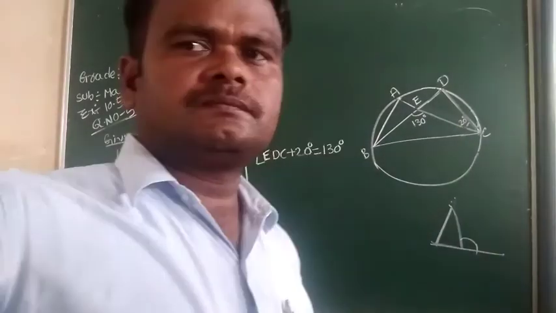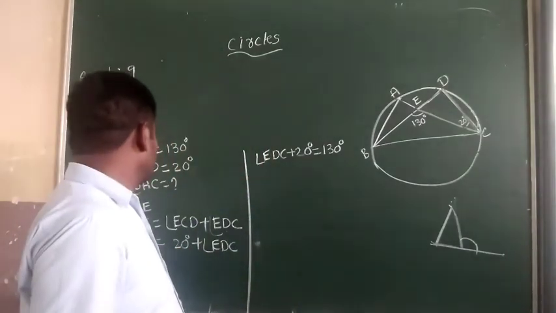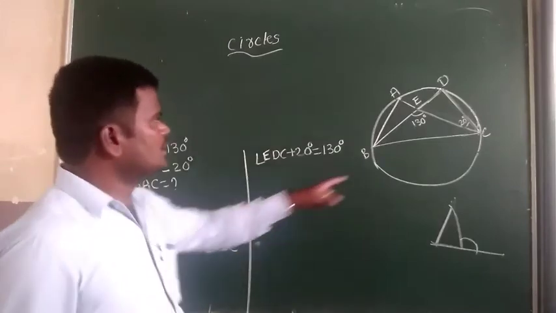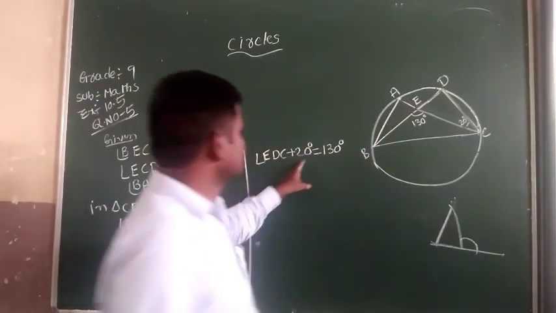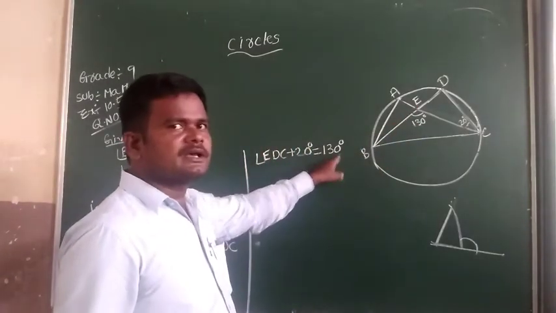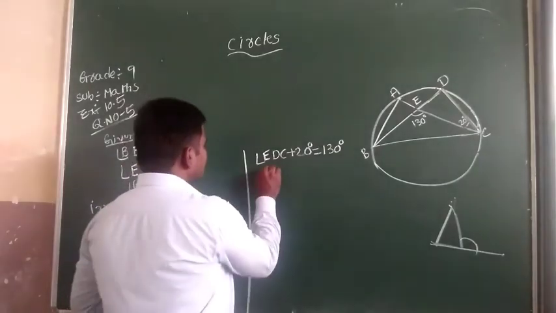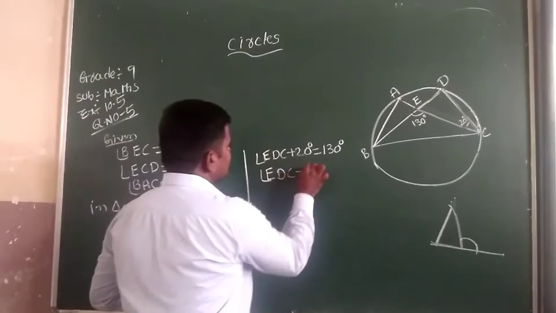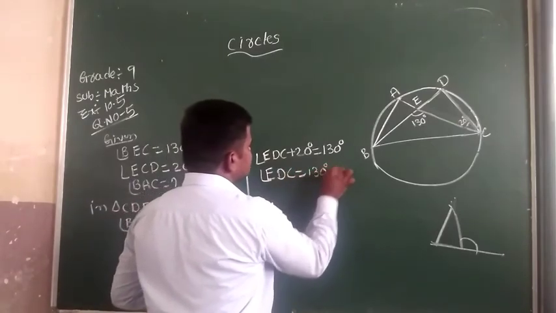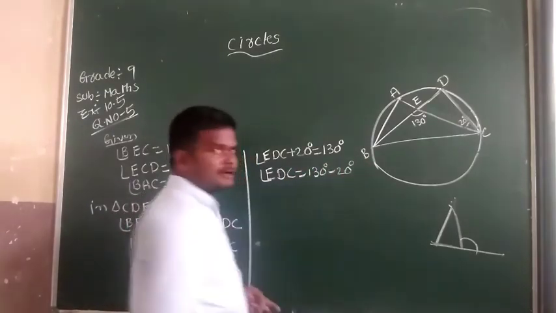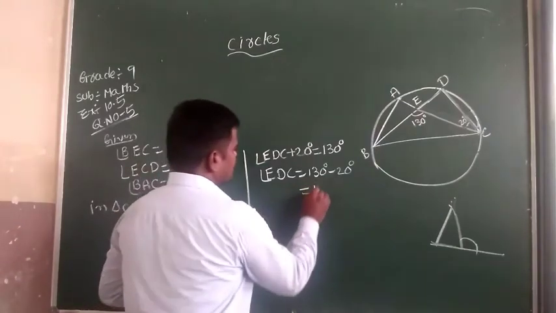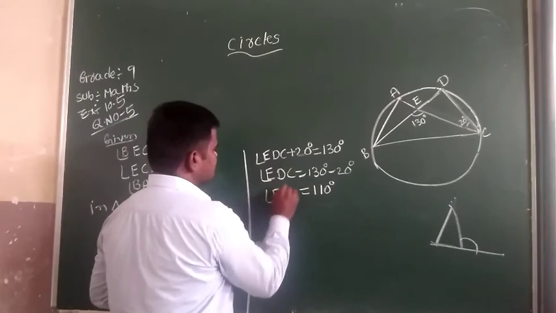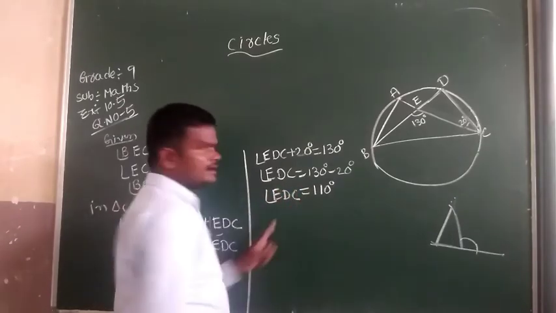So this exterior angle 130 degrees, we write the equation. Angle EDC, we don't know. Angle EDC plus 20 degrees equal to 130 degrees. Angle EDC equal to 130 degrees minus 20 degrees, that is equal to 110 degrees. So angle EDC equal to 110 degrees.